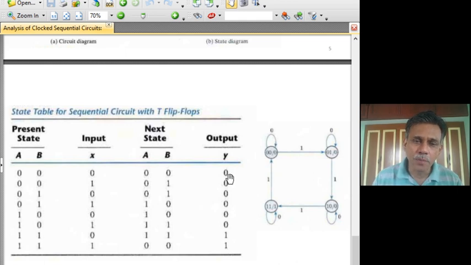Since outputs are purely a function of states, we can write out the output in the nodes themselves, because within the node, the state conditions are given. A is equal to 0, B is equal to 0 for a 0, 0 state. So the output when the machine is in this state is fixed irrespective of the input being 0 or 1.